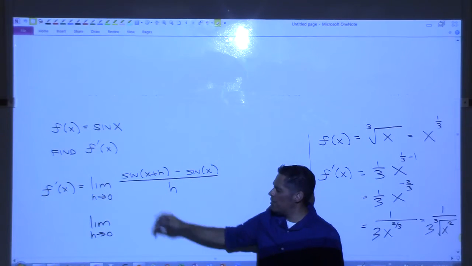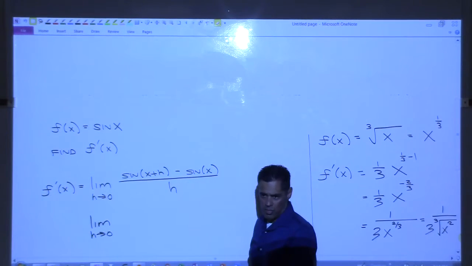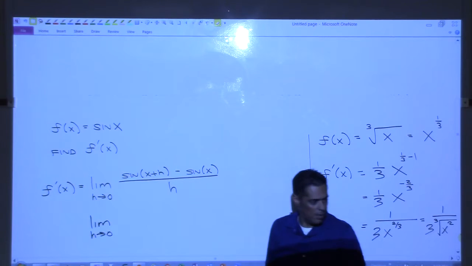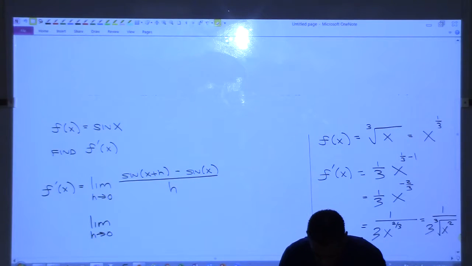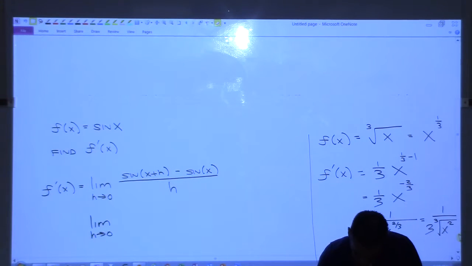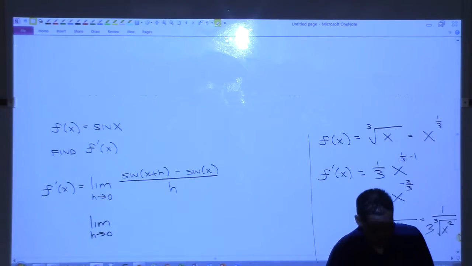It's on your formula sheets, in case you don't have it here. What reference page, just so everyone knows? I know you all have those with you, right? Bring them with you every day. I don't have mine. Page 2?